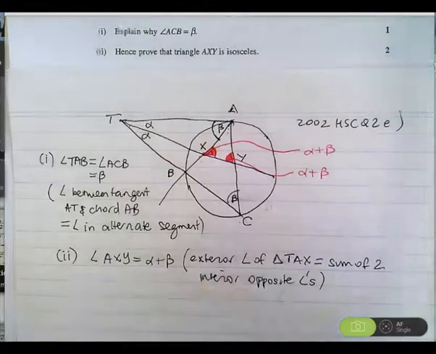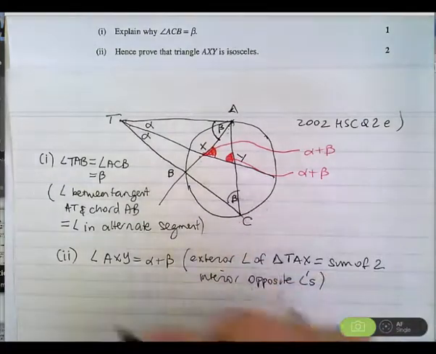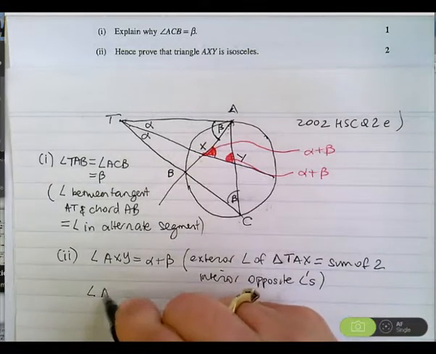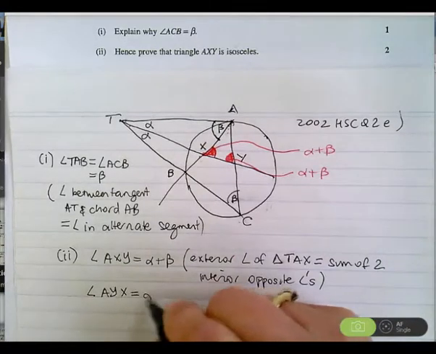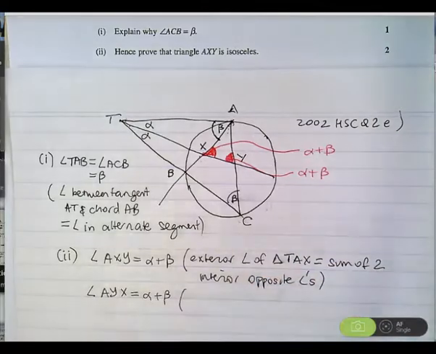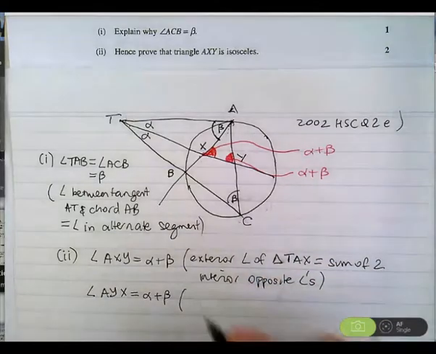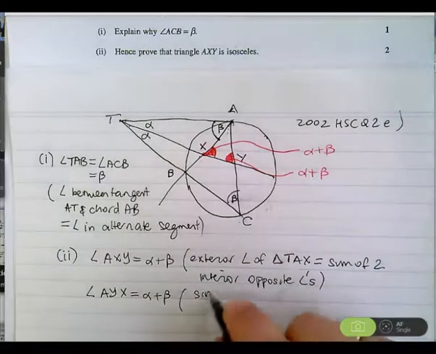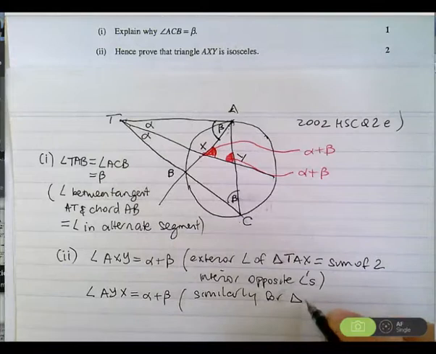Keep going. Again, angle AYX is also equal to alpha plus beta. You can go similarly for triangle TYC. Do you know what I mean? So similarly, in other words, it's the same reason for triangle TYC.